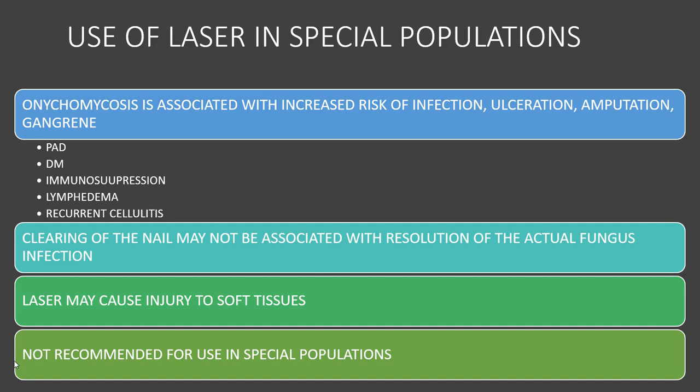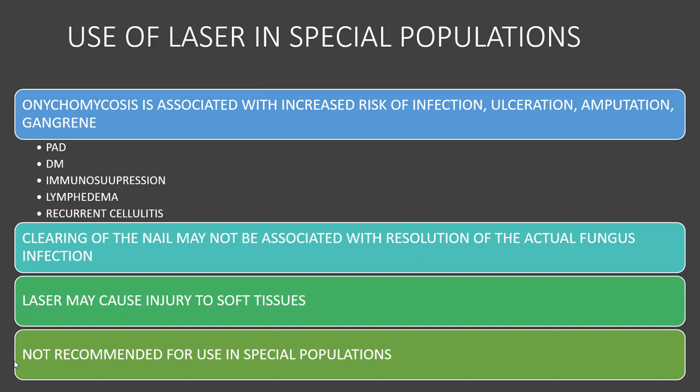Now, the issue with a laser relates in part to at-risk patients. We know that patients with diabetes, patients with peripheral arterial disease, patients with chronic venous insufficiency, immunosuppressed patients, and so forth, are at increased risk for pathology due to onychomycosis.